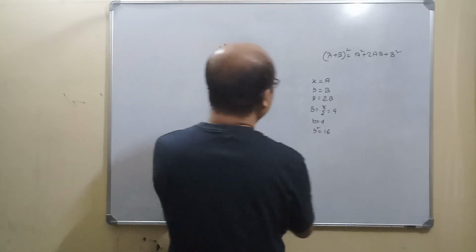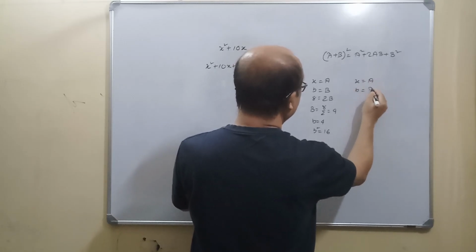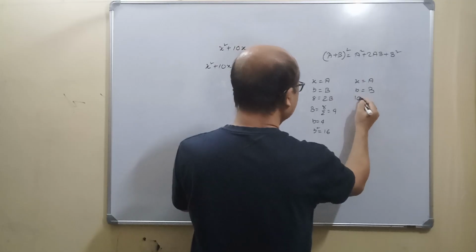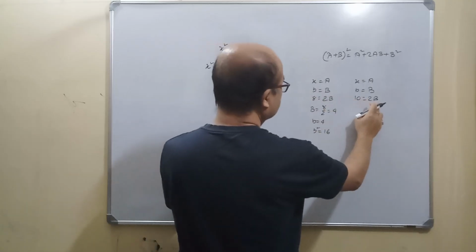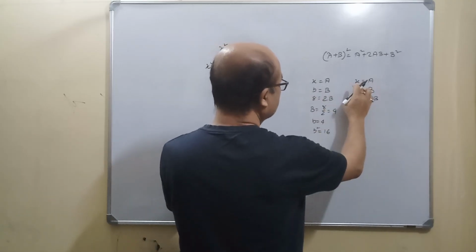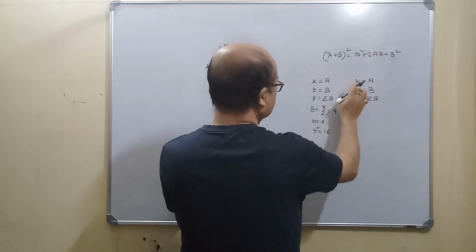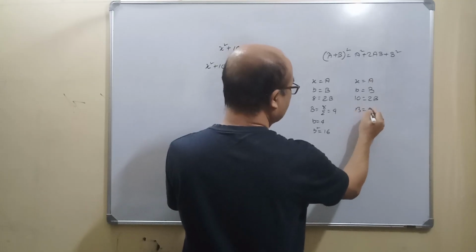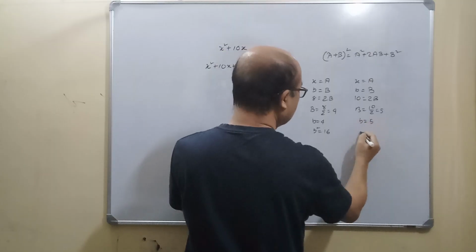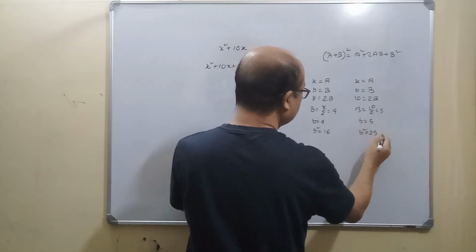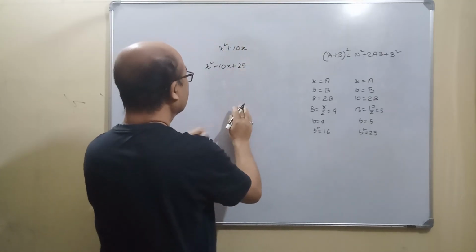Again, x is equal to a, b is equal to capital B, and 10 is equal to twice b, because a is already equal to x. So b is equal to 10 by 2, which is 5, so b square is equal to 25. So we need to add 25 here.